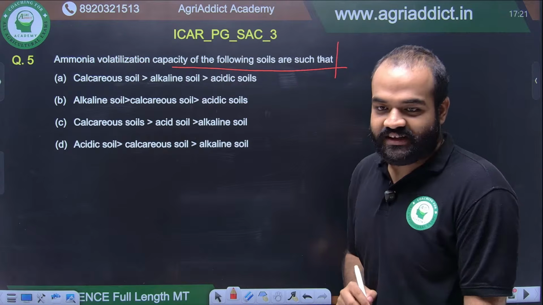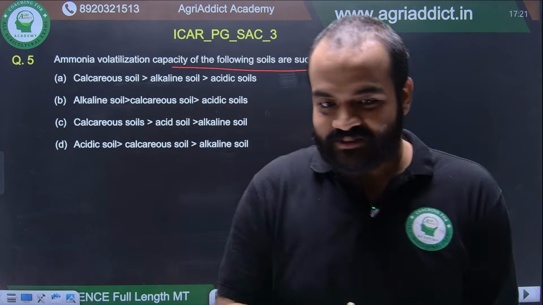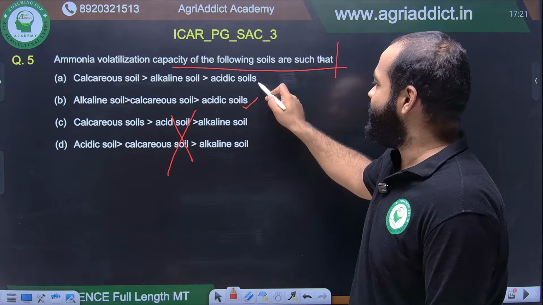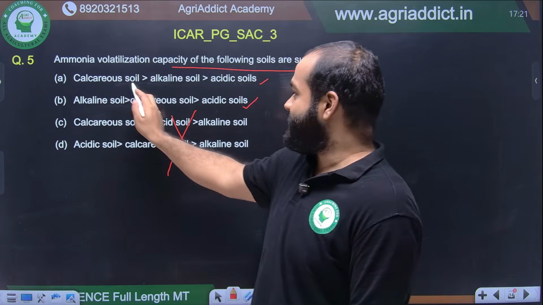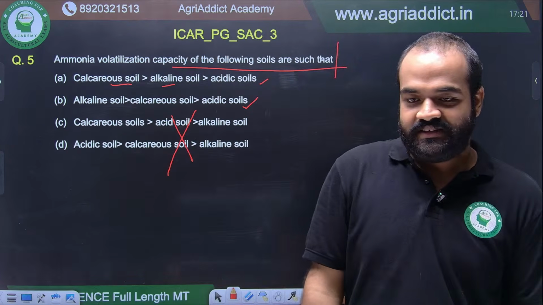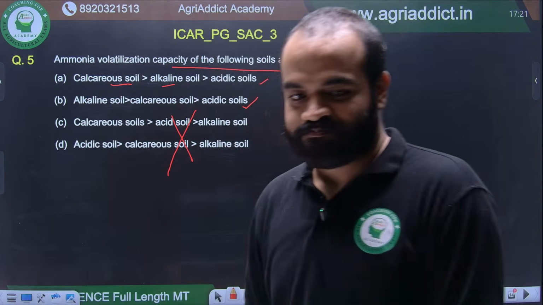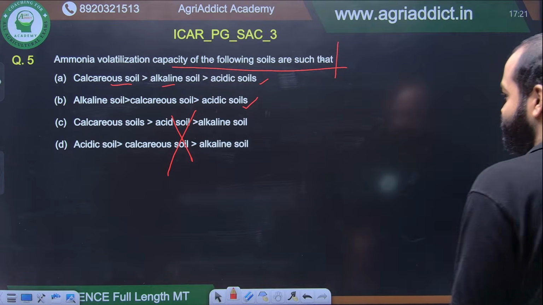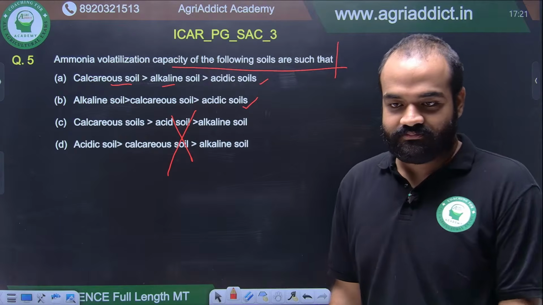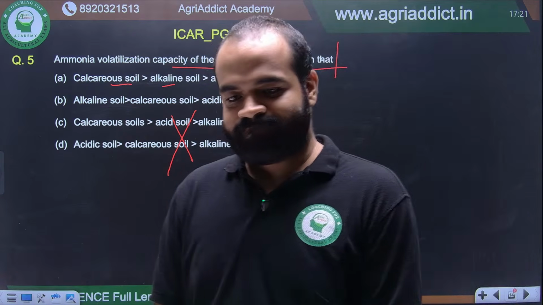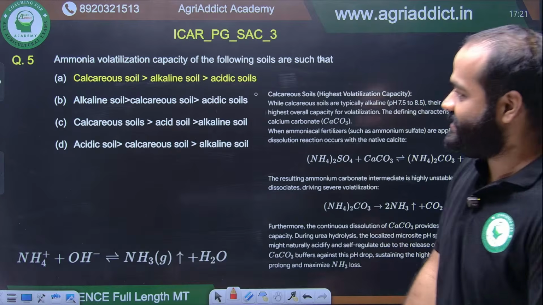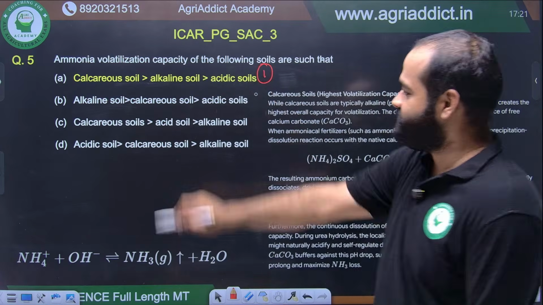I don't agree with you. ये दोनों तो नहीं होगा, that is पक्का, because acidic soil लास्ट में होगा, fine. लेकिन calcareous और alkaline में कौन आगे आएगा? Who will be the first? You are saying alkaline, calcareous, acidic. No, the correct answer is calcareous, alkaline and acidic. It will be option 1. All right.